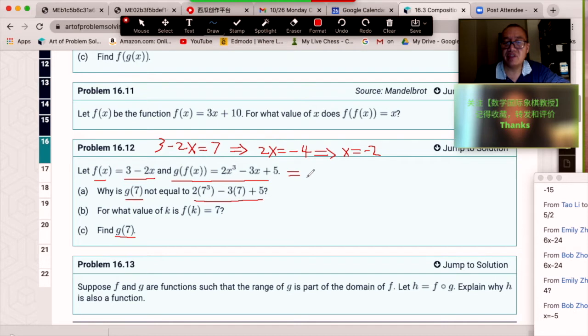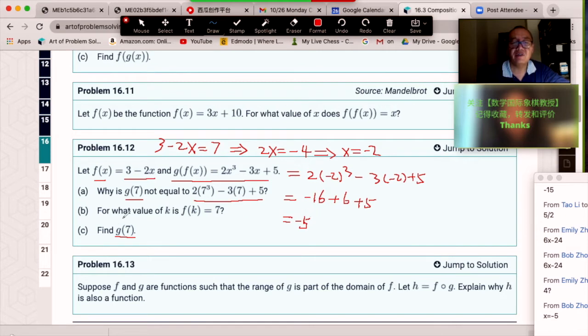When x equals negative 2, you get negative 2 cubed minus 3 times negative 2, then plus 5. So we get negative 16 plus 6 plus 5. So this one equals negative 5.